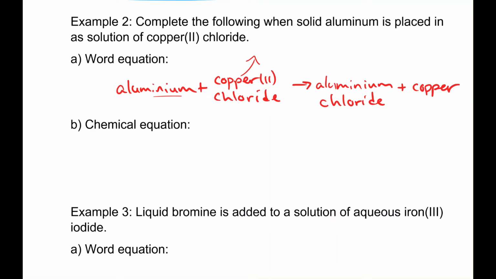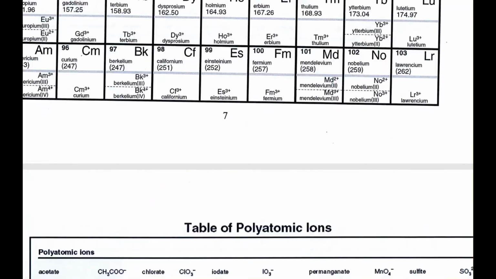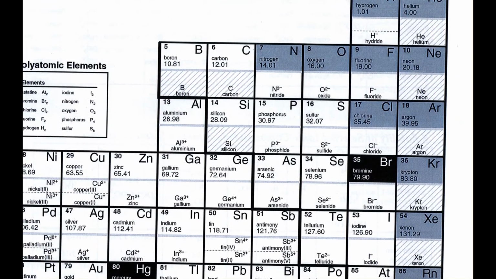What's the formula for aluminium? It's Al solid. What's the formula for copper 2 chloride? Well, copper 2 is 2 plus, chloride is 1 minus. And you can see that in your periodic table, right? Chloride forms 1 minus ions here in element number 17, and copper 2, well, it says copper 2, so it's 2 plus.